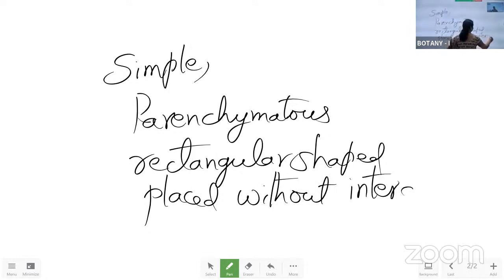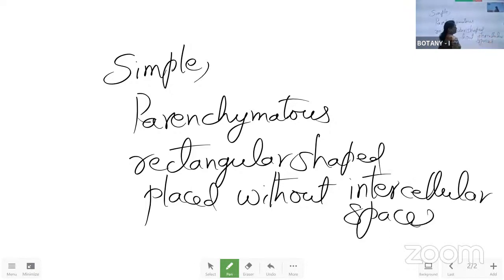These are the words we have to write in the sentence for the epidermis.